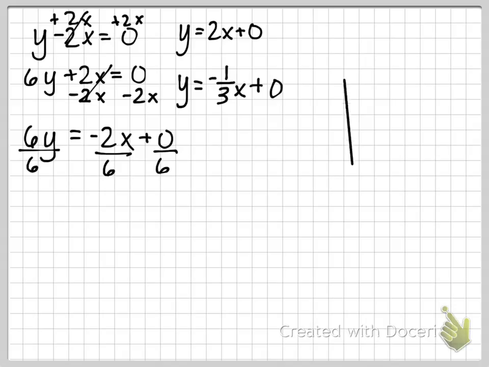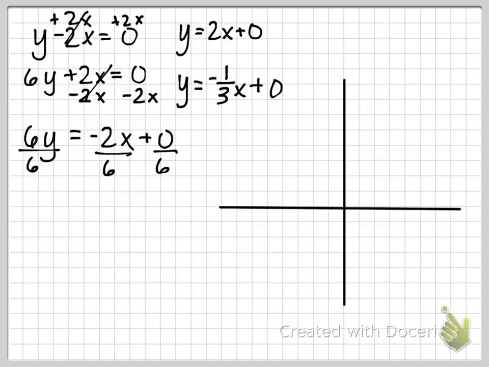So I'm going to take my graph here, and my first point on the first line, well, let's say our m is 2 over 1 and our b is 0. So I place my point at 0, then I go up 2 over 1, up 2 over 1, and I can also go down 2 over 1, go the opposite direction.